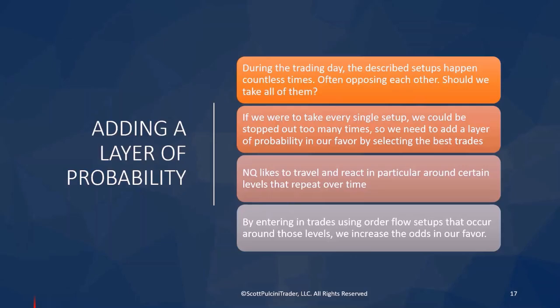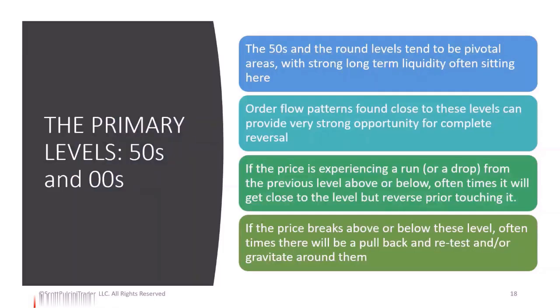Since NQ likes to travel and react around particular levels that repeat over time, by entering trades using these order flow setups that occur around those levels, we do increase the odds in our favor. Okay, so let's look at those levels.